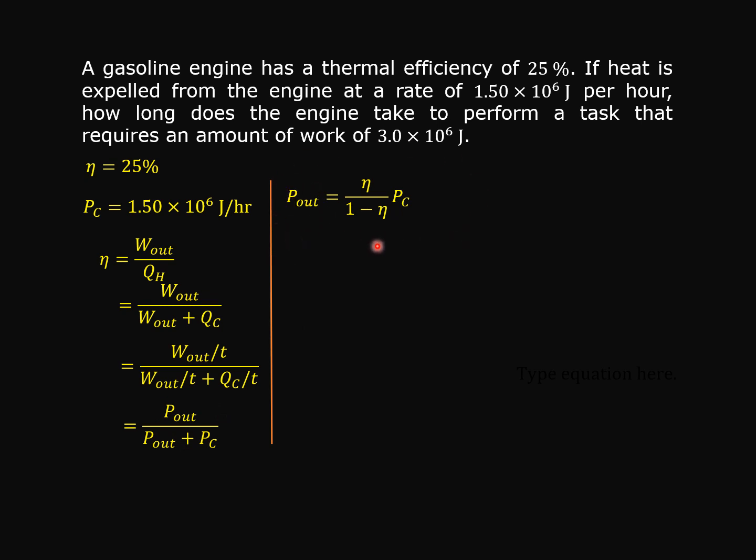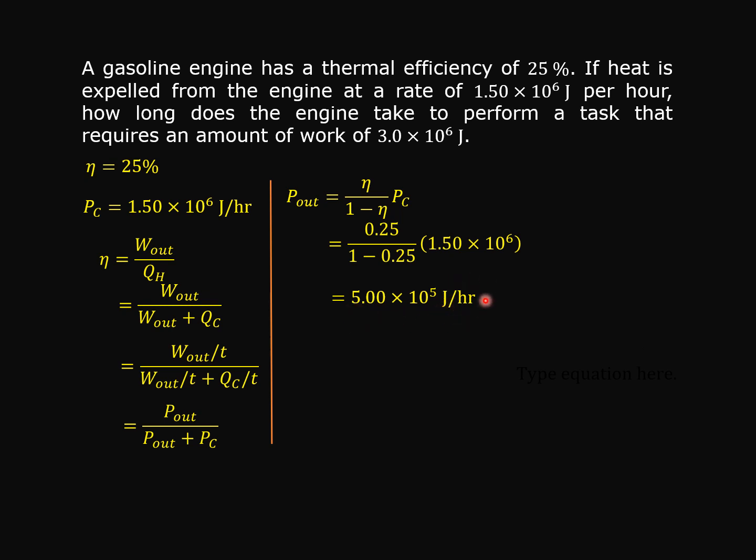We'll obtain output power equal to eta divided by 1 minus eta, multiplied by PC. Eta, the thermal efficiency of the heat engine, is 25%. So we substitute 0.25, and the denominator is 1 minus 0.25, and PC is 1.50 times 10 to the power of 6. So our answer would be 5 times 10 to the power of 5 joule per hour.